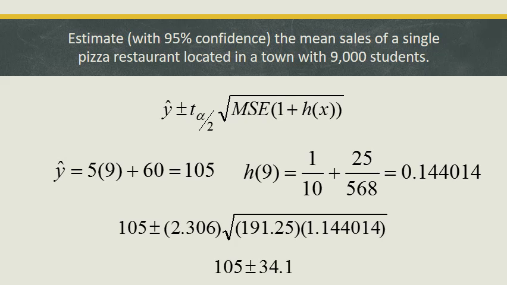The t-value is exactly the same as before, since we have the same confidence level and we still have 8 degrees of freedom from the MSE. So we are 95% confident that the pizza sales for an individual restaurant in a town of 9,000 students will be within this interval.